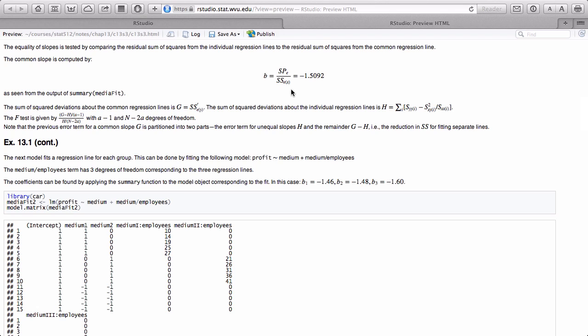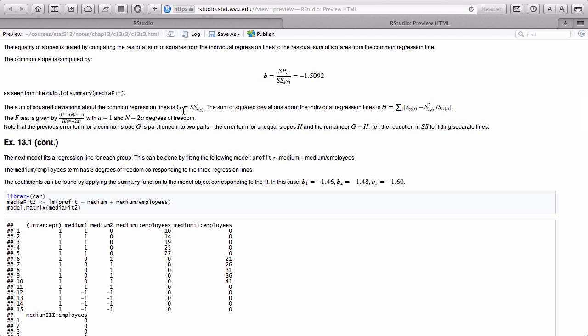I actually repeat that, and so you can find that common slope in some computer output a little bit further down. But I want to get the sum of squares of the deviations about the common regression line, and I'm going to call that G. I'm going to show you where these are in terms of the output.